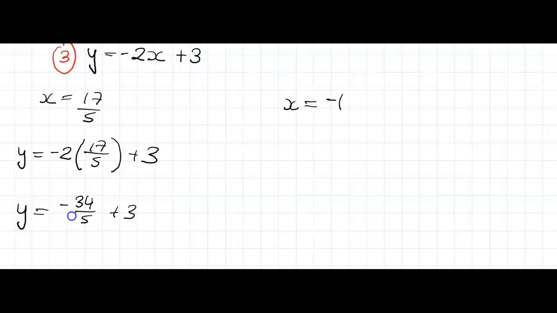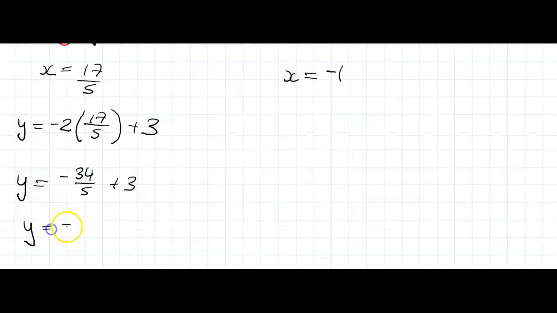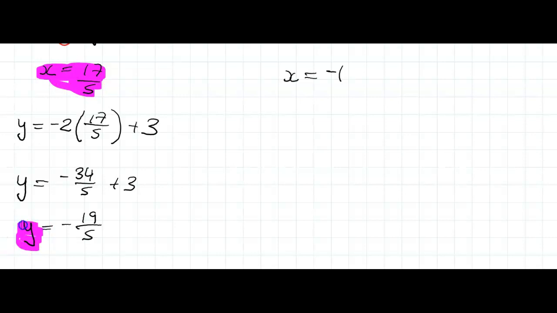And you're getting minus 19 over 5. So when x is equal to 17 over 5, y is equal to minus 19 over 5.